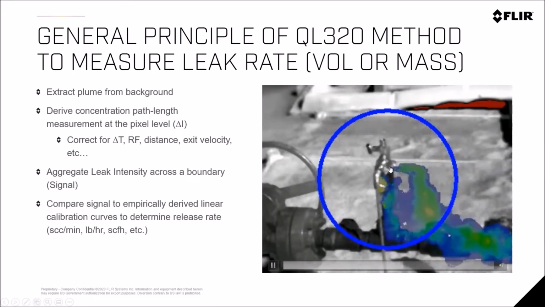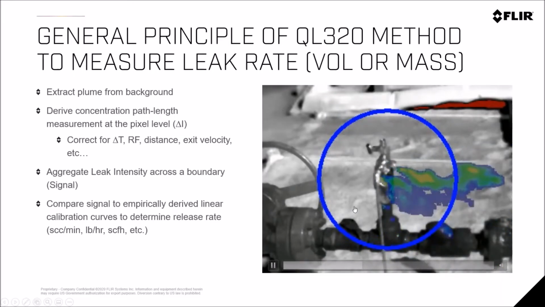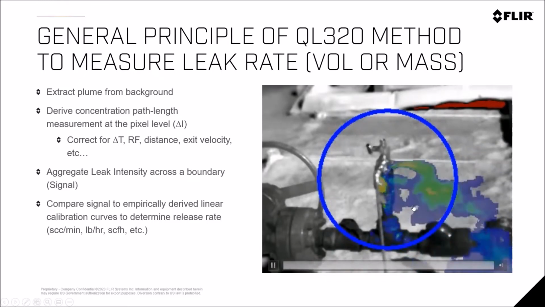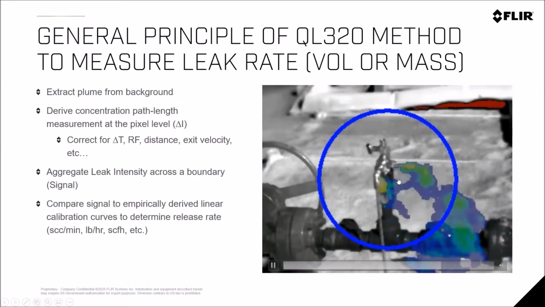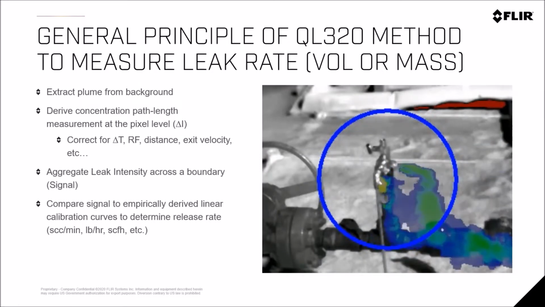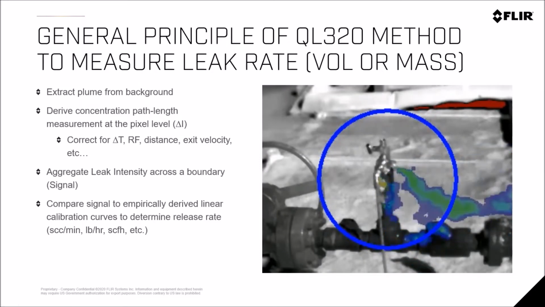Using the volume or mass, if the leak never leaves the blue circle, it will actually never measure that. So if it were to pool inside there, that's why a very minimal amount of wind is probably the most ideal situation. Maybe not extremely high winds.